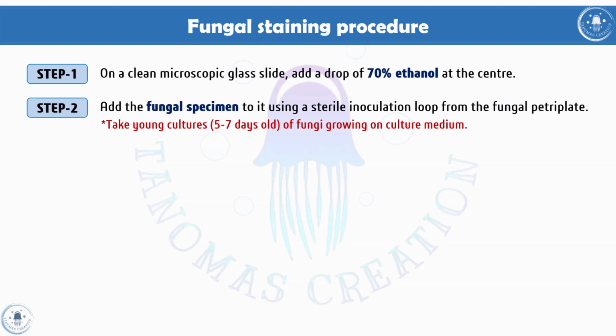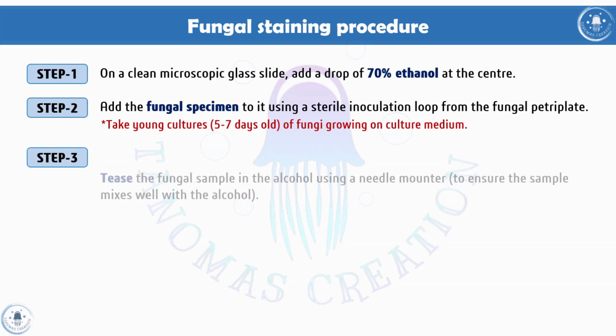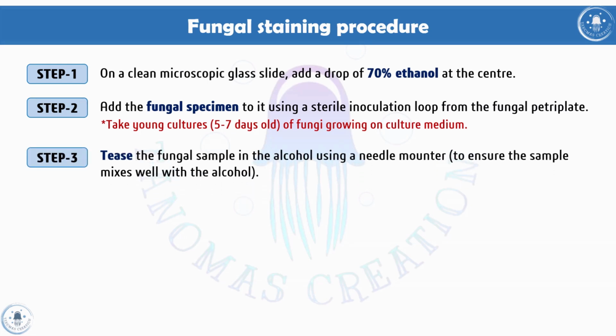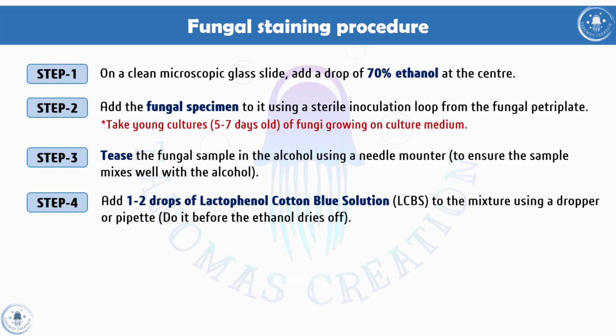Now remember, you need to take young cultures only, that are 5 to 7 days old, from the culture medium. Now in step 3, you tease the fungal sample in the alcohol properly using a needle mounter or inoculating loop. You need to tease it completely in the ethanol for proper mixing. Now add 1 to 2 drops of lactophenol cotton blue solution to the mixture using a dropper or pipette.